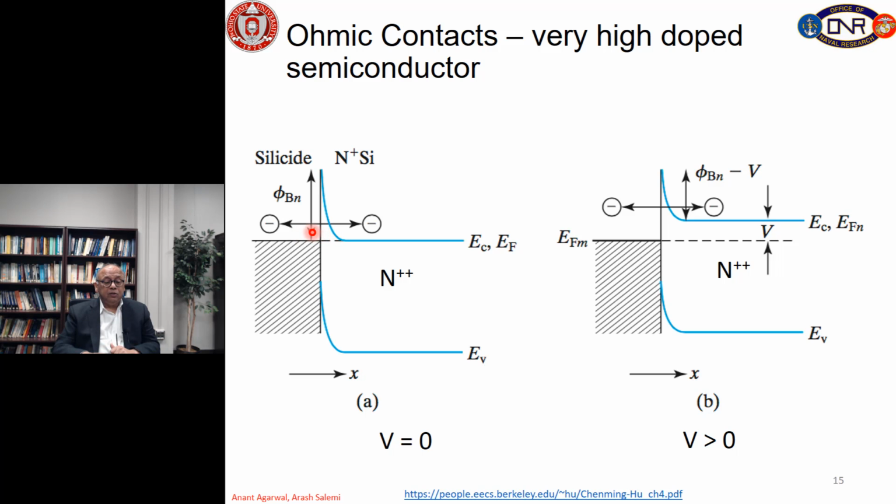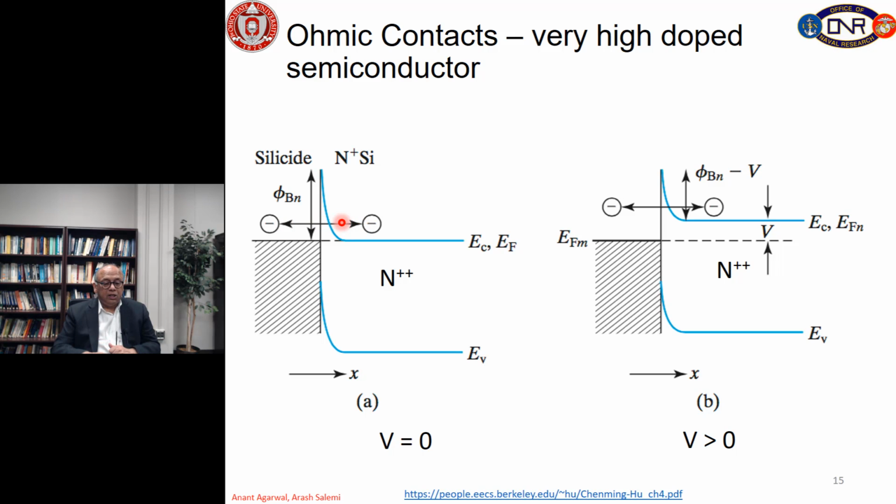Now, that means the electrons do not have to go over the barrier when we apply voltage. They can tunnel through this narrow barrier, and that means the current can flow both in the forward direction like it flows in the Schottky diode, also in the reverse direction by means of this tunneling.